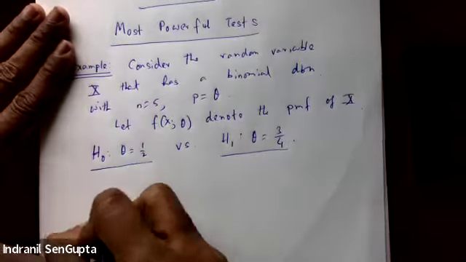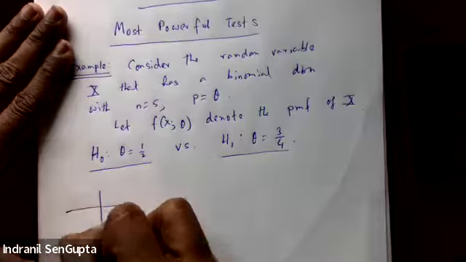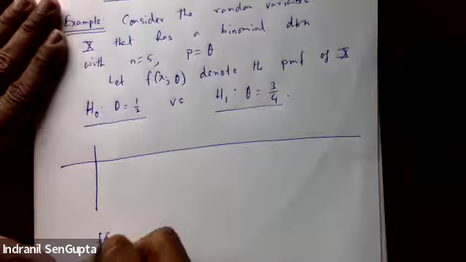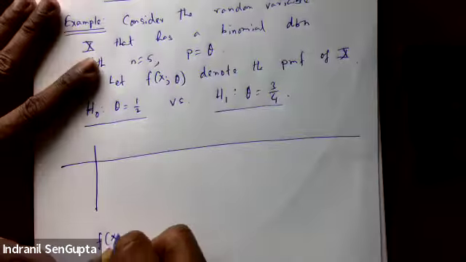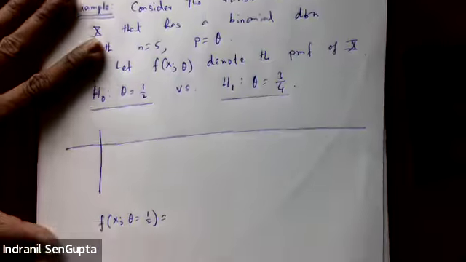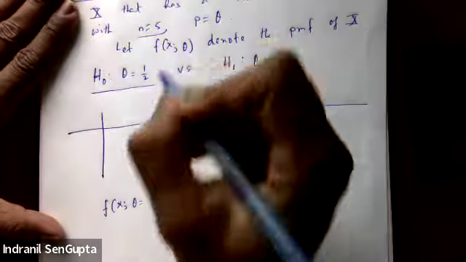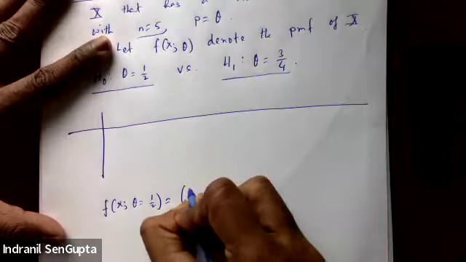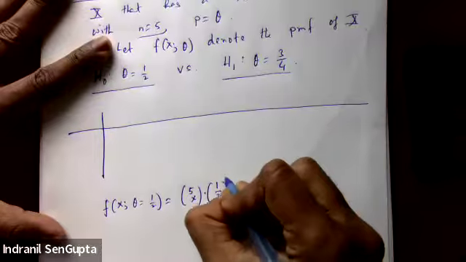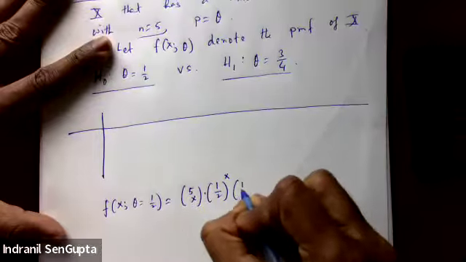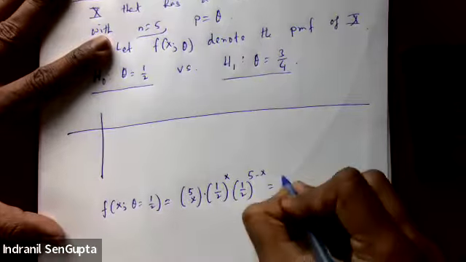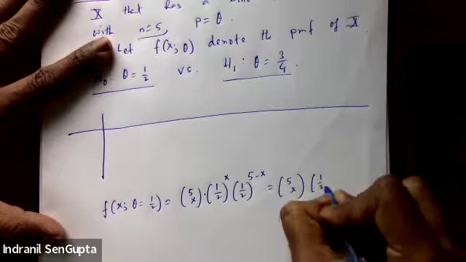Now the following table gives you all these probabilities. I can always compute, for example, f of x when theta equals 1/2. My n is 5, so it's 5 choose x times 1/2 to the x, and then 1/2 to the 5 minus x, which is 5 choose x times 1/2 to the 5.